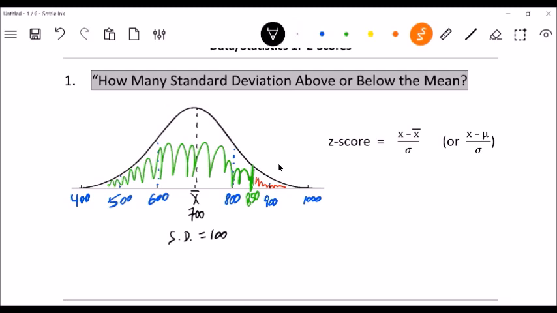Well, when it is not a normal percentage, like we're used to 34% here and 34% here, and then it's 13.5% here and 13.5% here. So from 700 to 900 would be 34 and 13.5, so that's 47.5%.